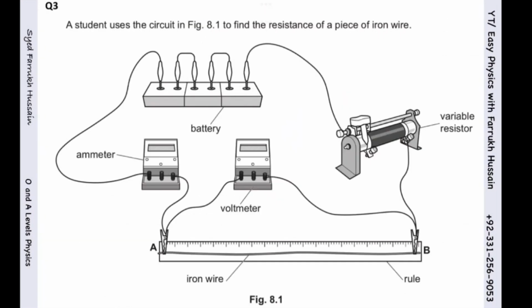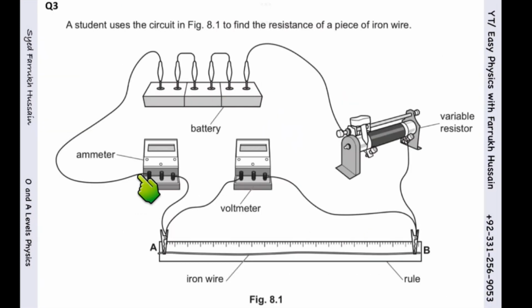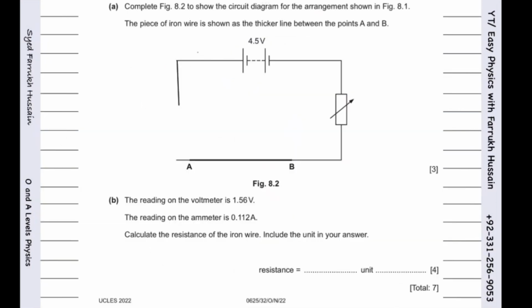This is the battery, ammeter, iron wire, voltmeter, variable resistor. So what is missing? The ammeter and voltmeter. These are the missing.